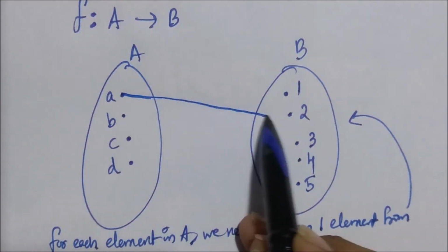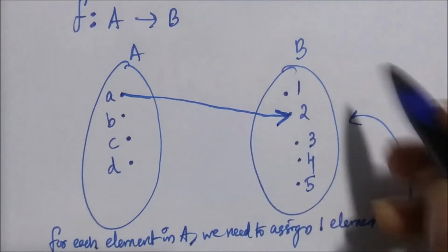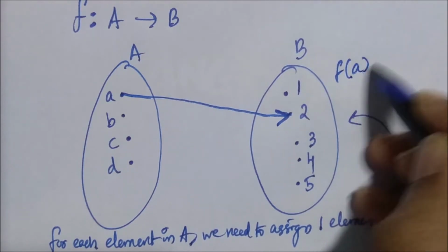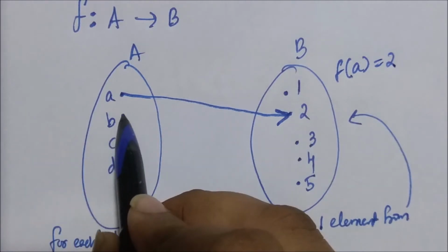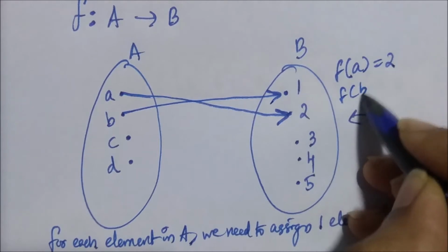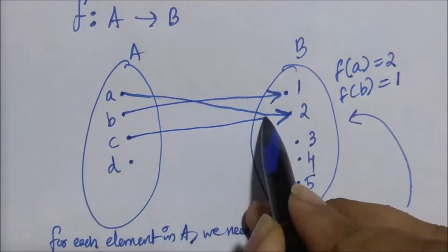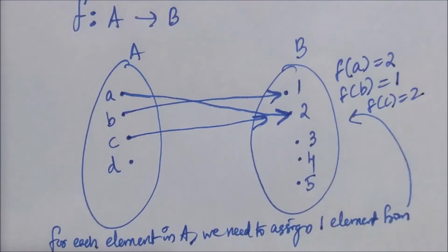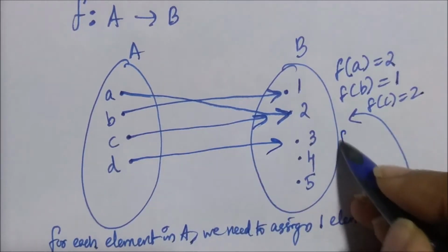Now let's see how we are mapping every element in A. a is mapped to the element 2 in B, so we write f(a) = 2. b is mapped to 1, so f(b) = 1. c is mapped to 2, so f(c) = 2. Now d is mapped to 3, f(d) = 3.